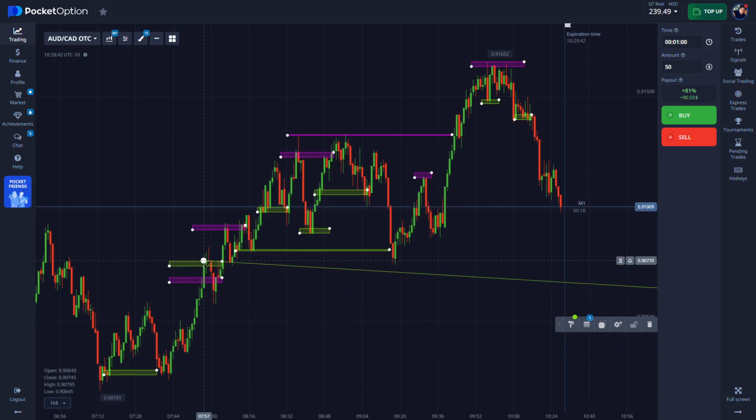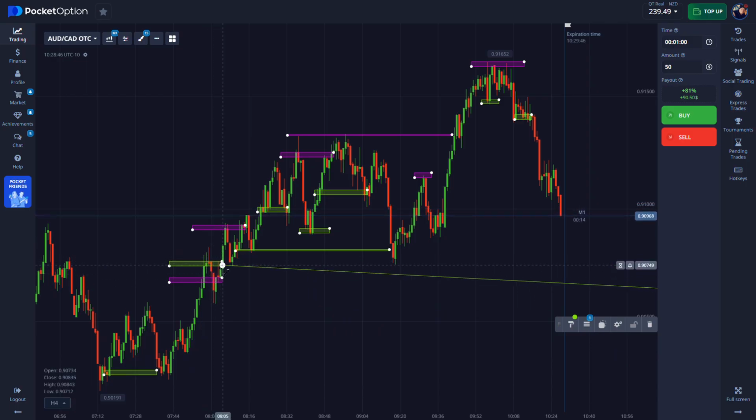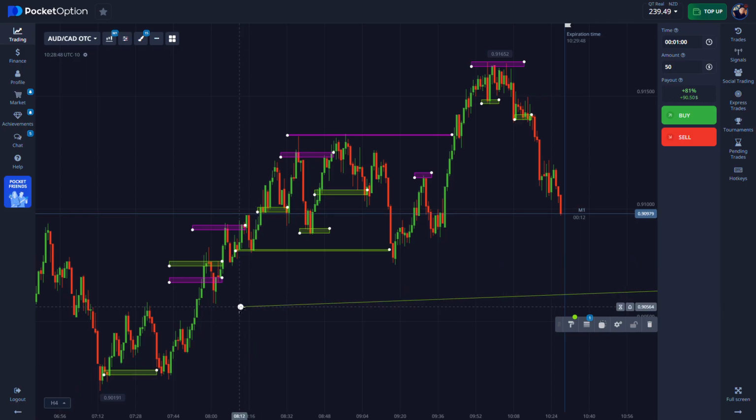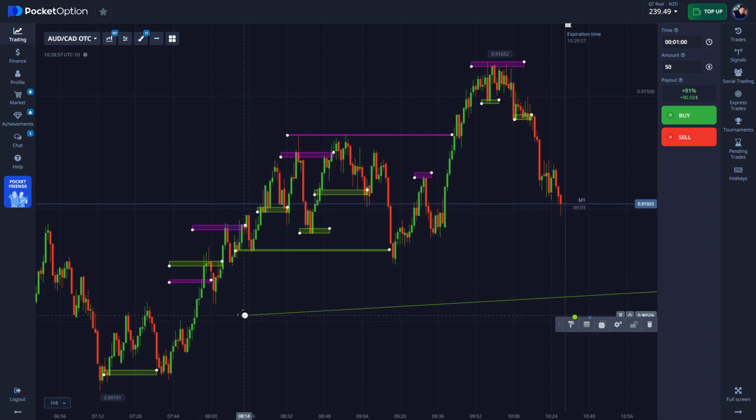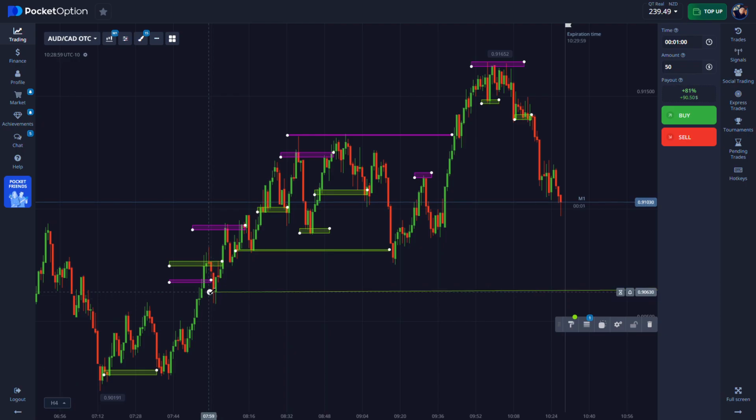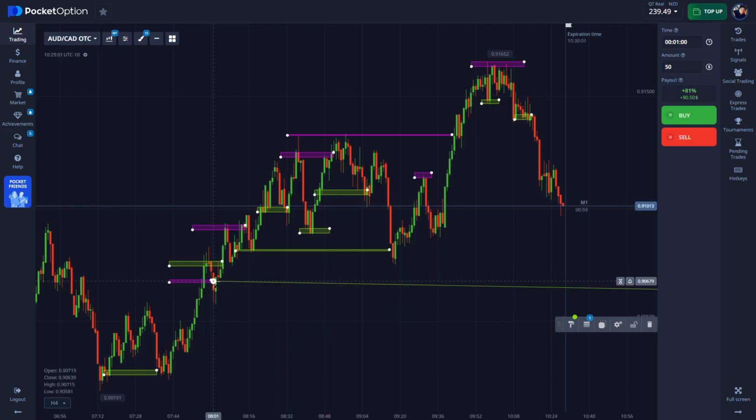Impulsive move to the upside, starting to make a correction. Okay, here we have liquidity there, push down, consolidated for a little bit.